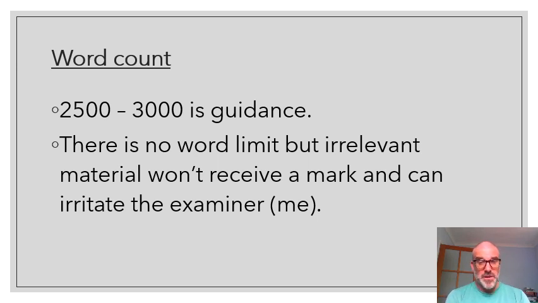There was a fair number that were about 5,000. And that's fine. There is no word limit for the EPQ. The guidance figures that we give you are a minimum to actually be able to write something that will score highly. I think that's maybe the best way of looking at them.